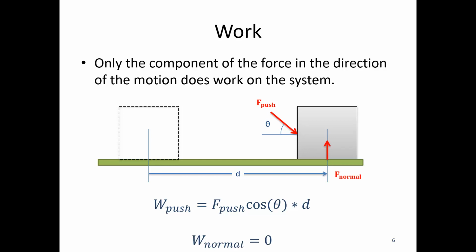If I do wind up with any forces that are perpendicular to that distance traveled, in this case F normal would be perpendicular to my distance, with no horizontal component, I have no work done by that normal force. So keep this in consideration when looking at the work on a system.